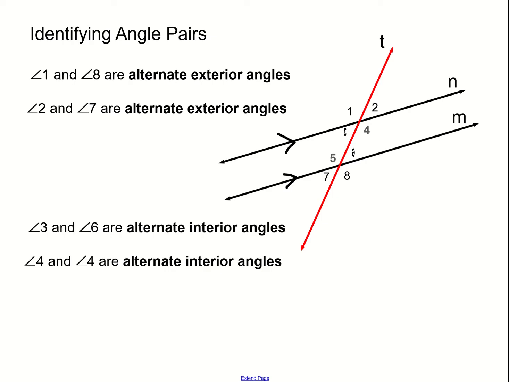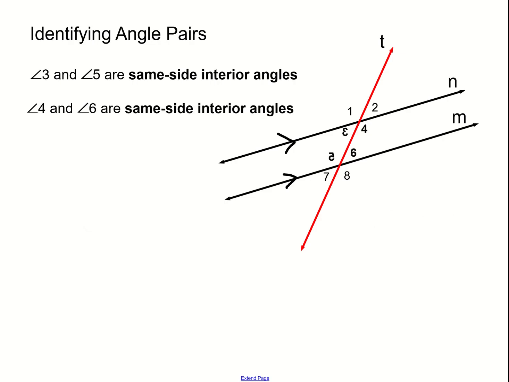And 5 and 4 are on opposite sides of the transversal, and they're inside as well, and so they're alternate interior as well. For alternate means on opposite sides of the transversal.